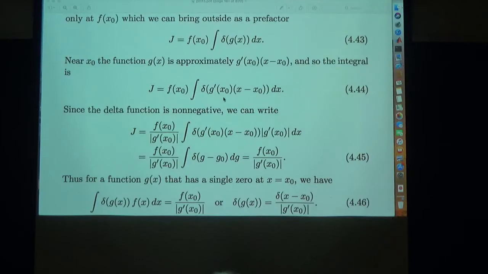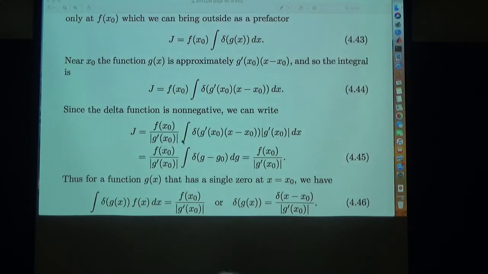And so we can first of all approximate, of course I'm assuming that this function g is differentiable. So we can write it near x equal to x0 as g prime of x0 times x minus x0. We write it this way.